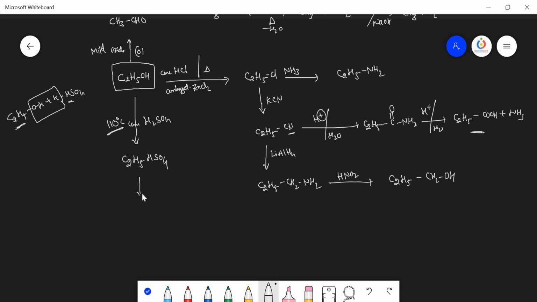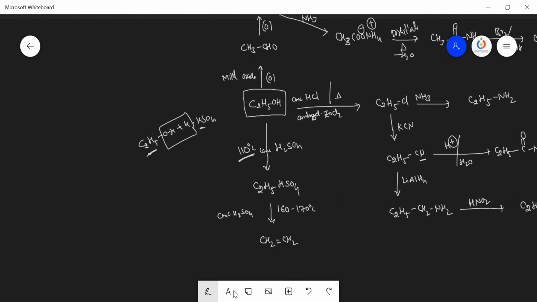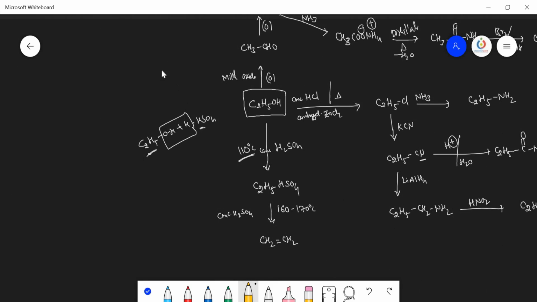This ethyl hydrogen sulfate, if you heat it to 160 to 170 degrees centigrade in the presence of the same concentrated H2SO4, will give the alkene molecule. I had discussed these properties of ethyl alcohol very clearly many times in previous sessions: with concentrated H2SO4 at 110 degrees centigrade, 140 degrees centigrade and 170 degrees centigrade.